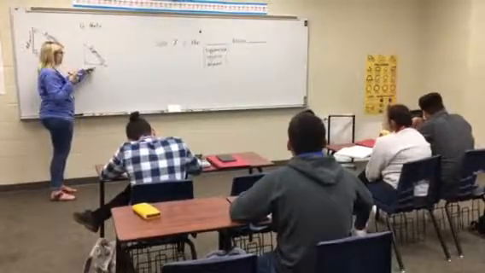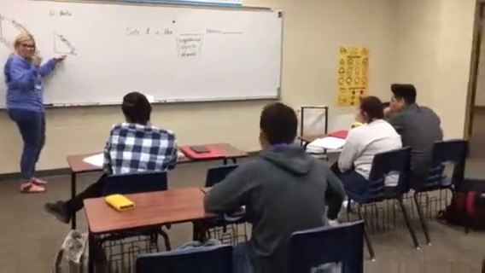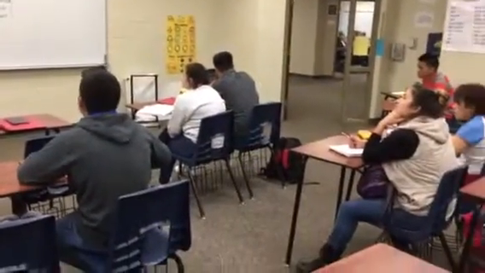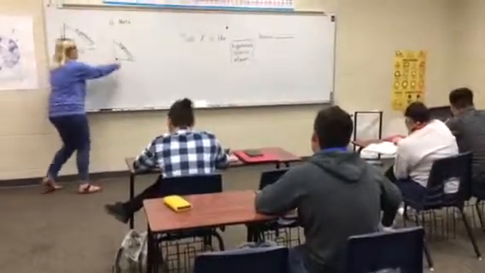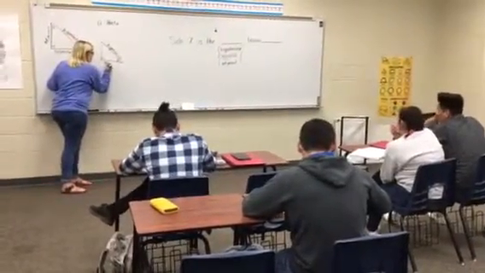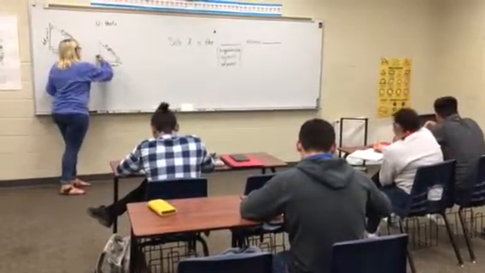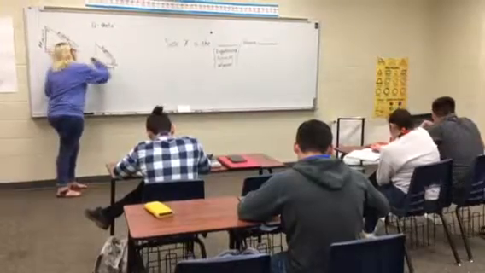Okay, what is this side? Opposite? Adjacent? No, adjacent is next to. Because theta moved, it's not the same here. So now this side is the adjacent, and over here, this is the opposite.